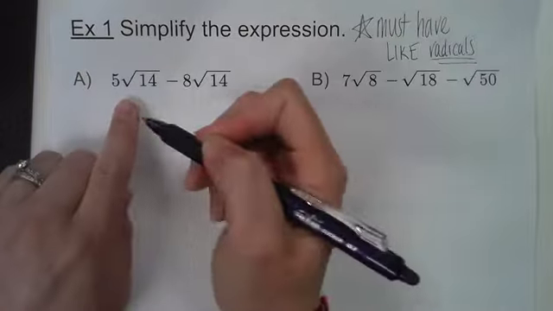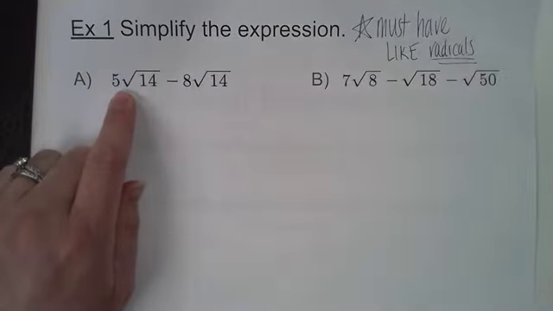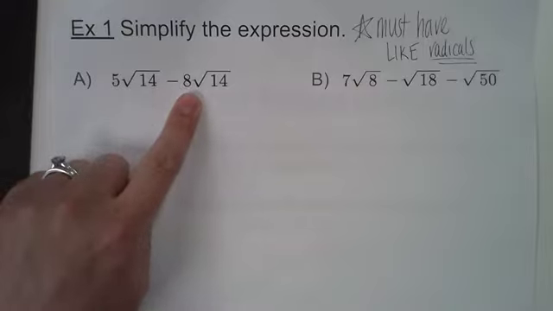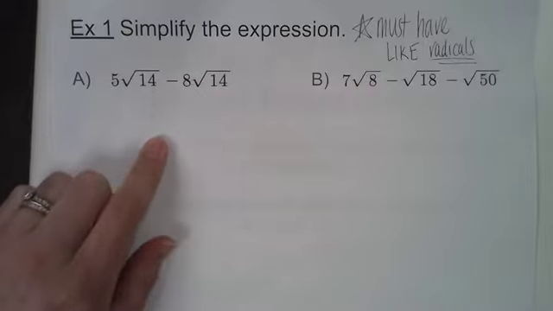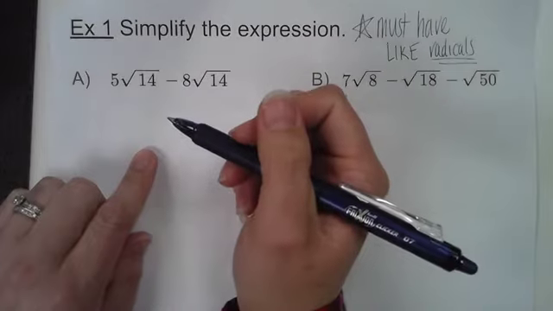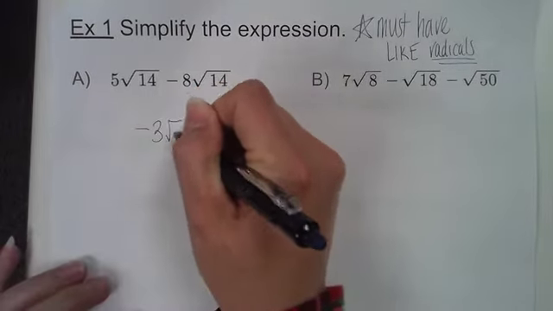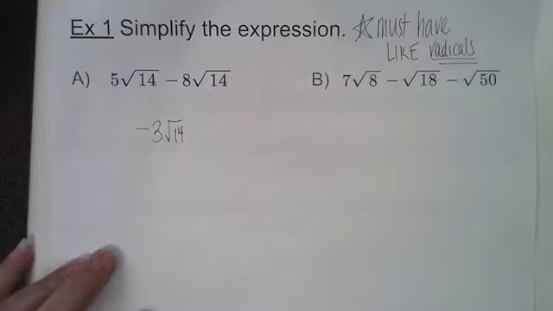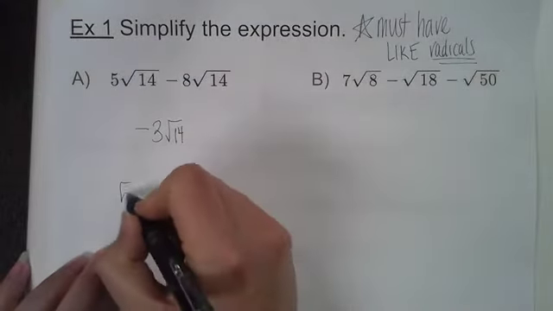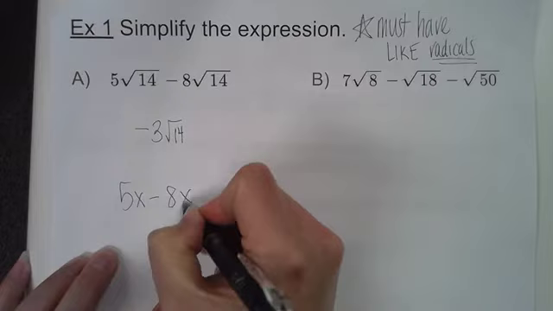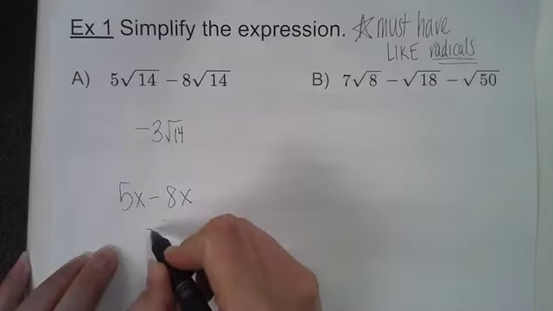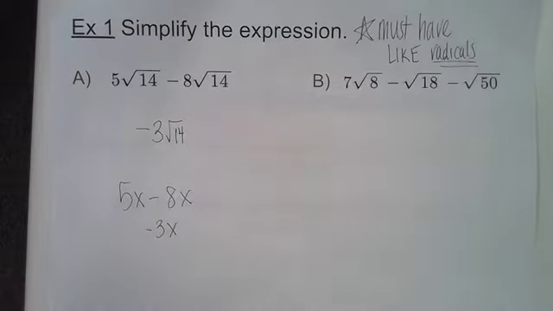So I like to say, 5 radical 14s minus 8 radical 14s is? 3 radical 14s. Almost? Negative 3 radical 14s. This is the exact same idea as 5x minus 8x's is negative 3x's.